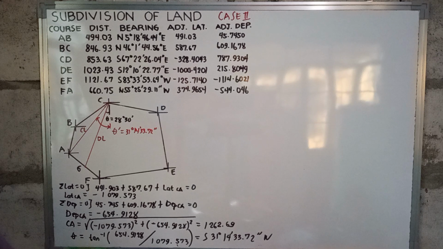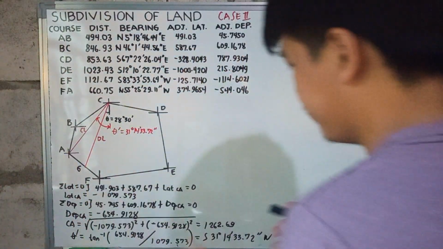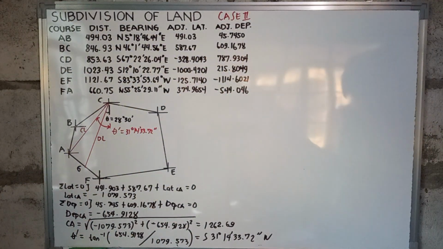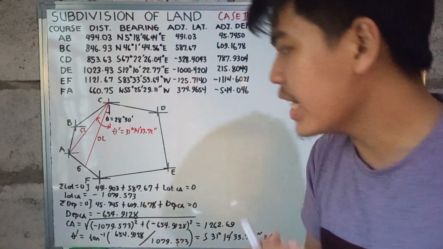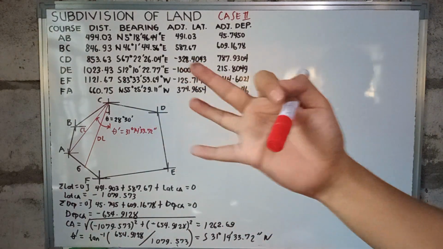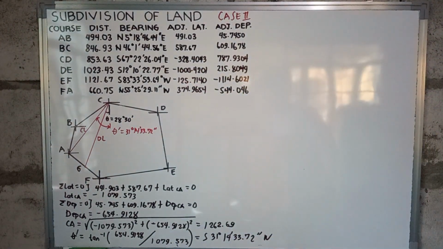So, edit lang natin. Yung theta natin dito, gawin natin theta prime, ha? Ayan, theta prime. So, the value of our theta prime is this. Next, kunin natin yung mga angles. Kasi tandaan nyo sa triangle, nangangailangan tayo ng at least 3 data para makuha natin yung lahat ng value ng triangle natin.